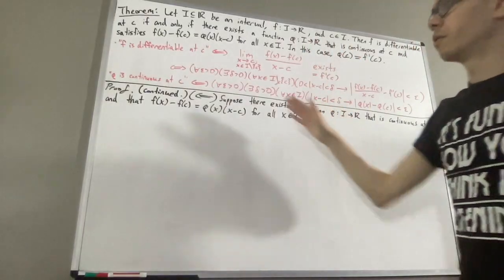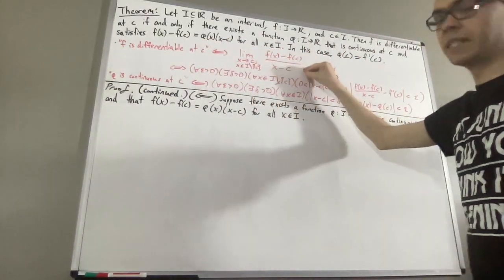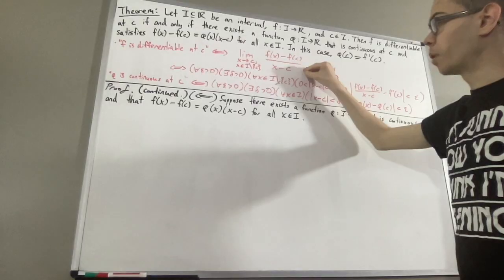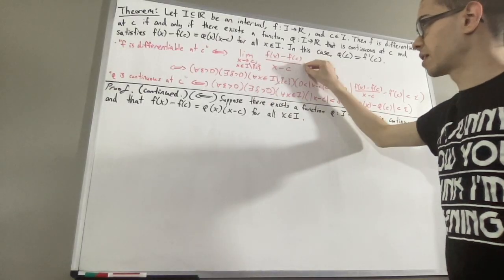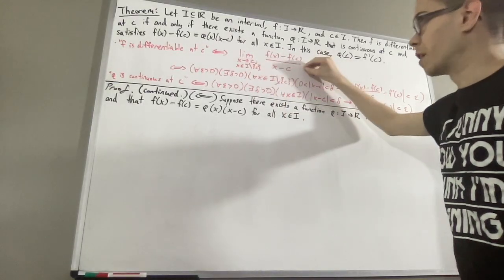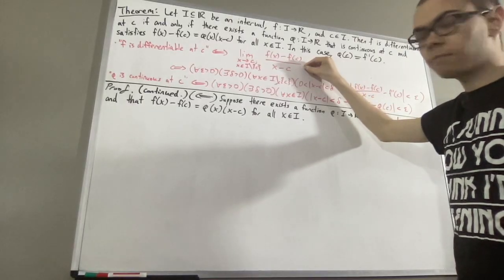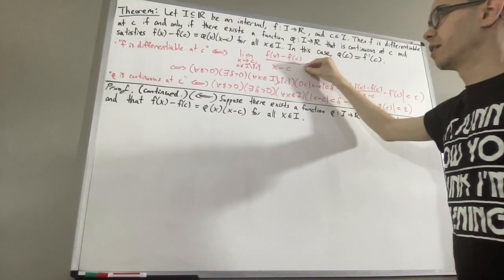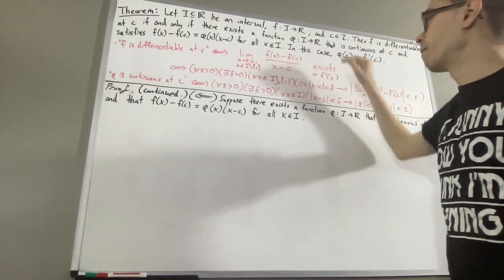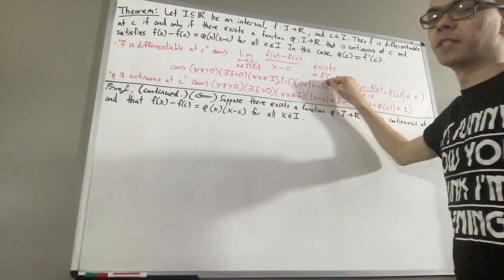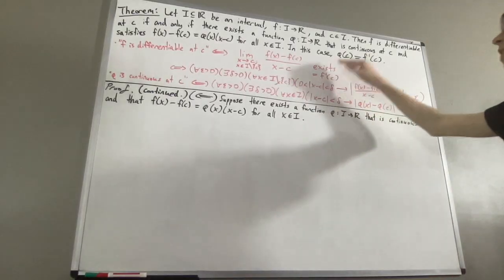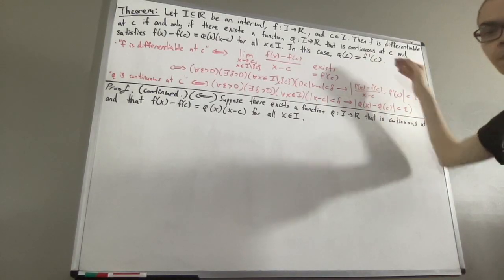By definition, that means we want to show that this limit exists. So what we're going to do is show that this limit exists, and in fact, the limit of this is precisely equal to phi of c. If we can show that, that means the derivative of f at c is phi of c. So we will have f prime of c equal to phi of c. And so we'll be done.